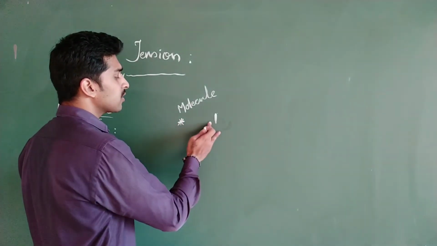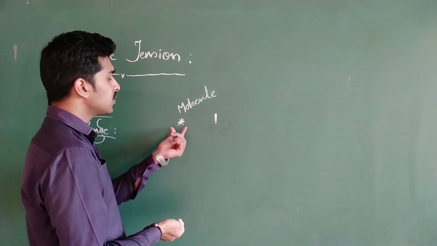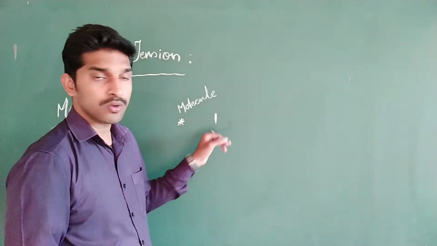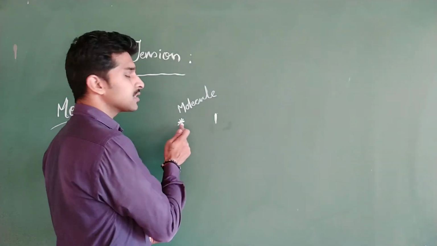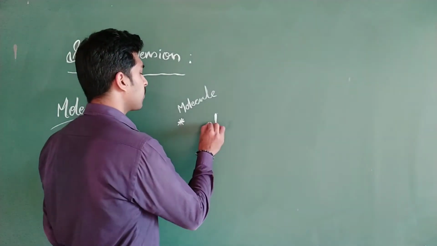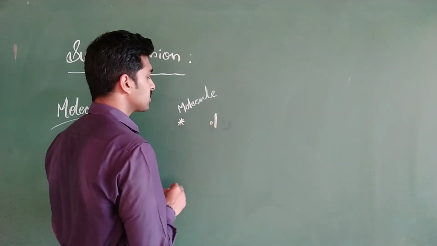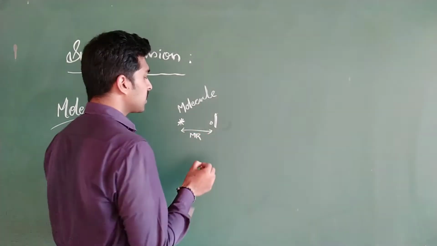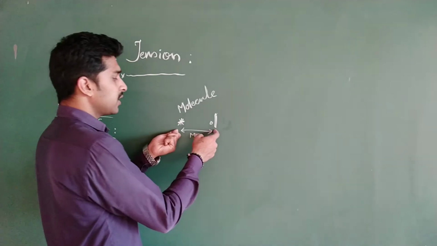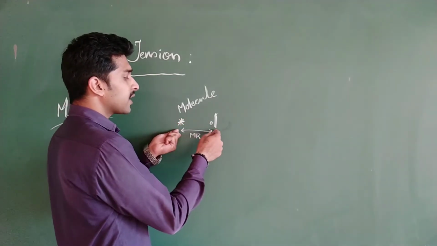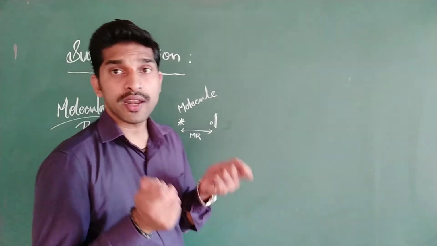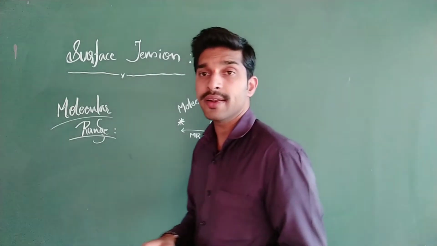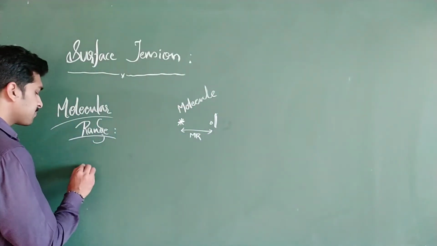If any other molecule comes inside the range, it gets attracted by this molecule. If I draw one more molecule like this, this distance is the molecular range. That means from this point to this point, this molecule is going to attract the molecules. Clear? And next we are going to discuss what we know as sphere of influence.